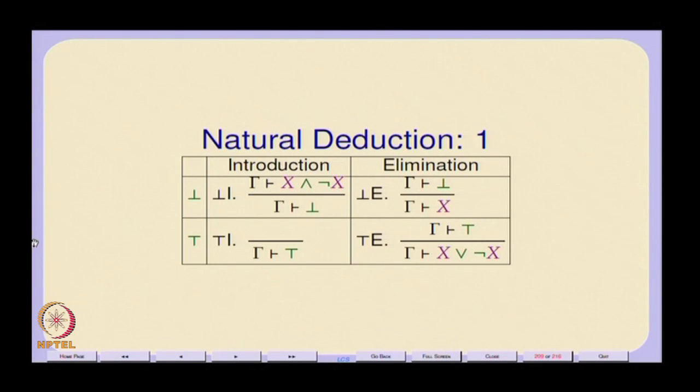So, now you take all the operators that we have in P naught and define introduction and elimination rules. So, for example, take this top introduction. Basically, what we are saying is that top can be introduced anywhere. I mean, top is true. Yeah. But the point is you are never actually going to use this rule anywhere. It is not going to be of much use.